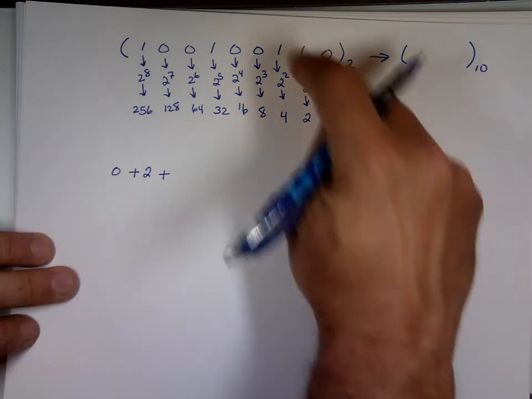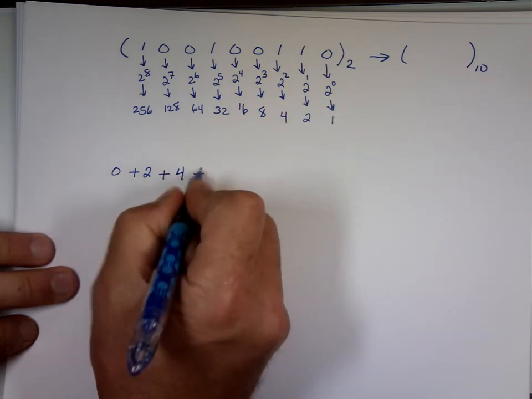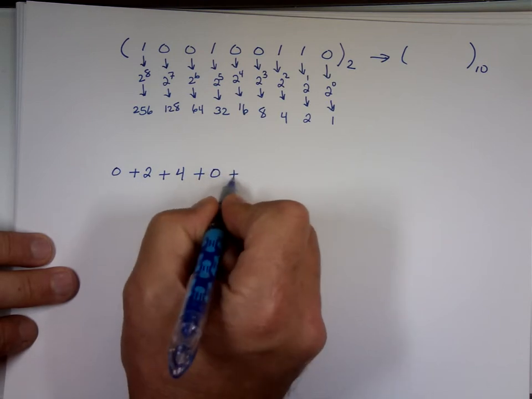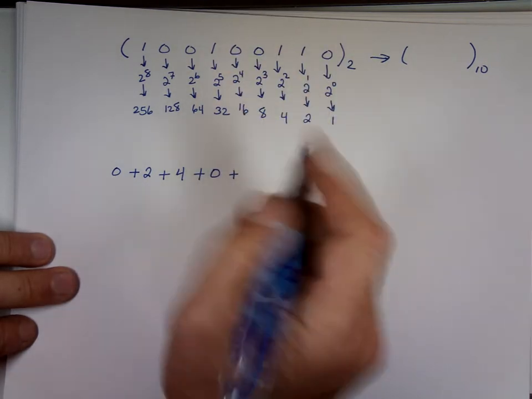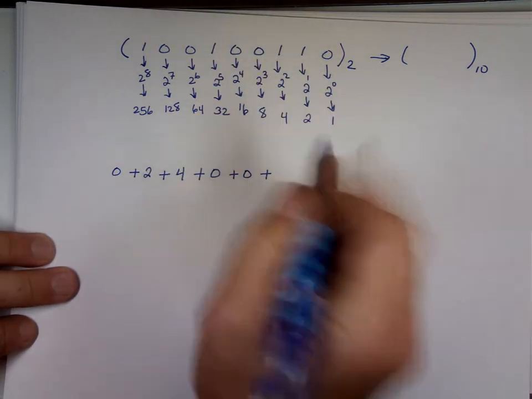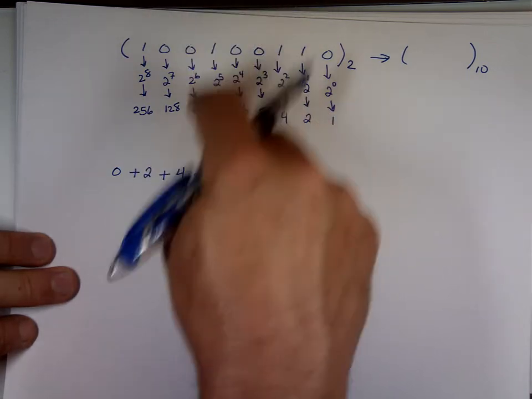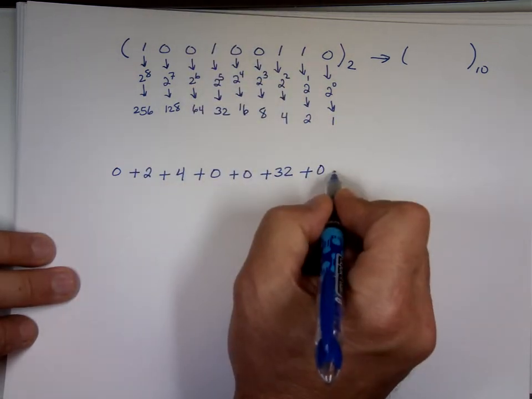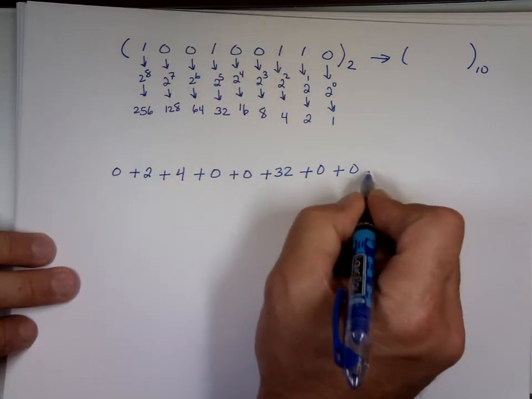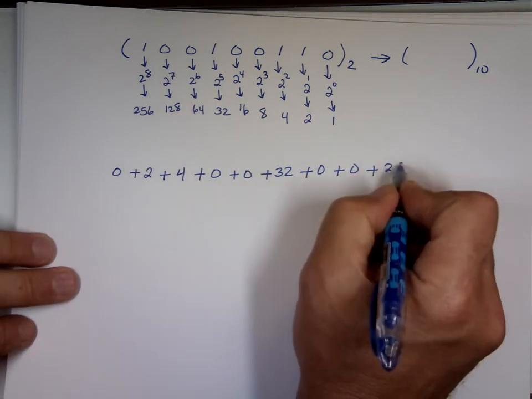Plus, what's 1 times 4? 4. 0 times 8? 0. 0 times 16? 0. 1 times 32? 32. 0 times 64? 0. 0 times 128? 0. And 1 times 256 is 256.